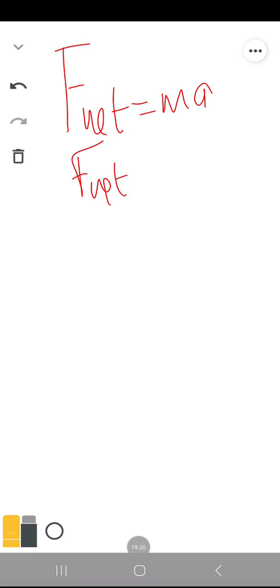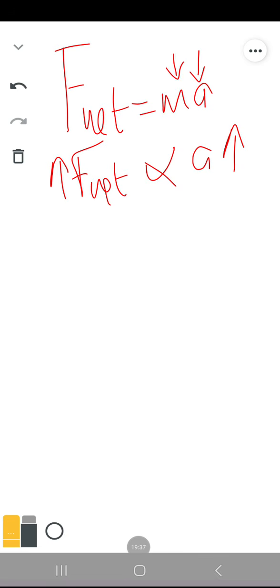From Newton's law, F net is directly proportional to acceleration, which means if F net increases, acceleration will also increase. Then we compare mass and acceleration.